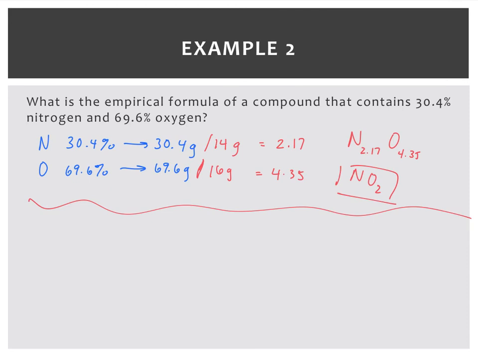Now if we follow the other method, where you take each of these ratios, divide it by the smallest, this should come out to 1, and this should come out to about 2 as well. So this here now becomes NO2. Same answer, different methods.